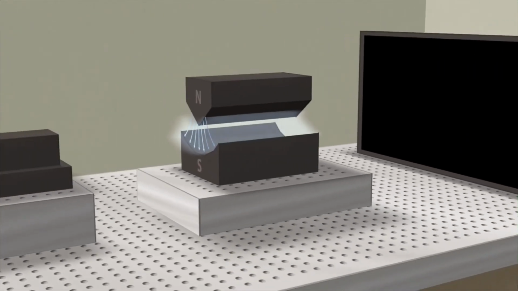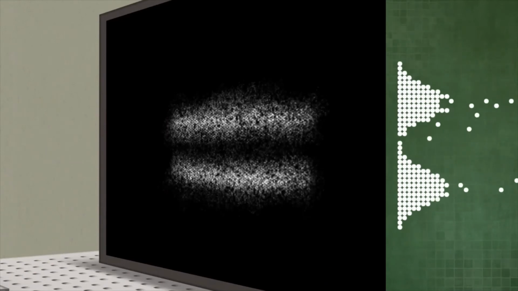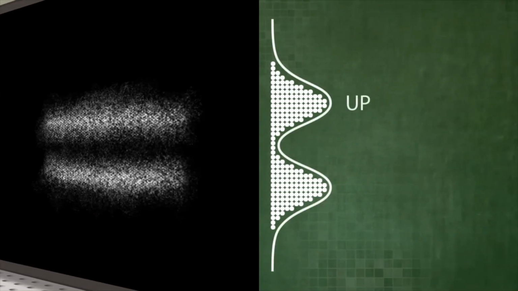They should be deflected in the inhomogeneous magnetic field by different amounts, depending on their orientation. However, the researchers observed that the beam was split in two possible states, which were later named spin up and spin down. How can this be explained?